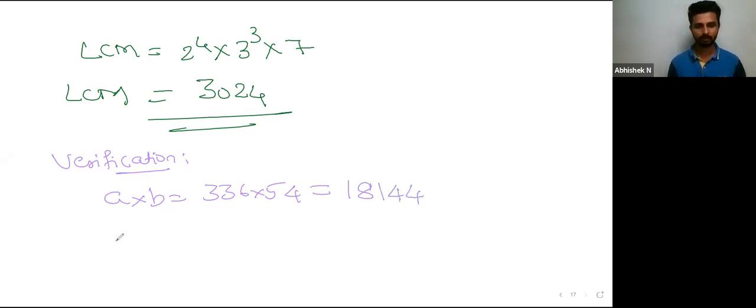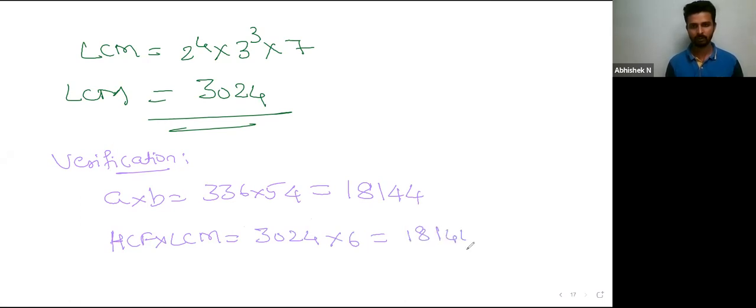And similarly, if you multiply HCF with LCM, that is 3024 into 6, you get again 18,144. Therefore, A into B is equal to HCF into LCM.